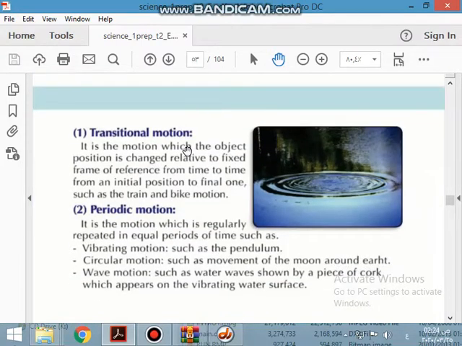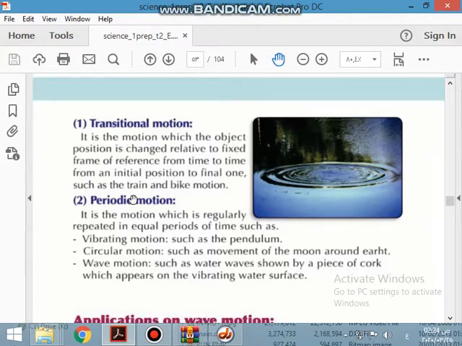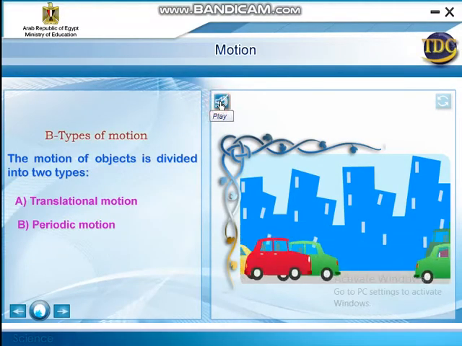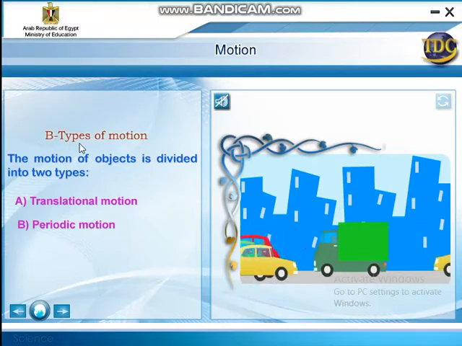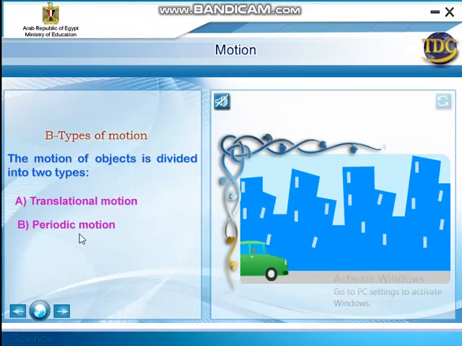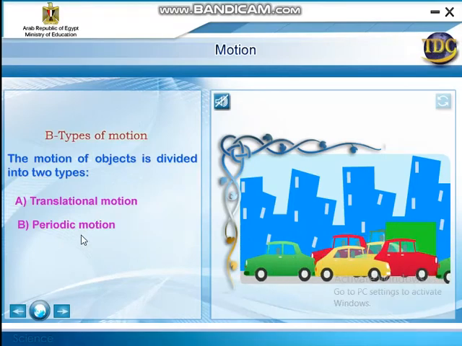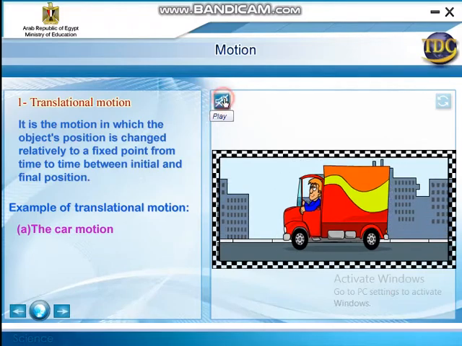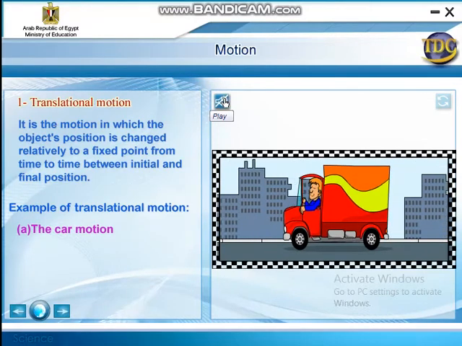There are two types of motion: transitional motion and periodic motion. First, transitional motion.